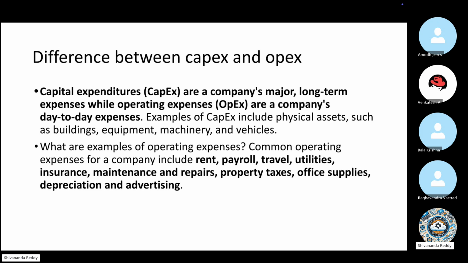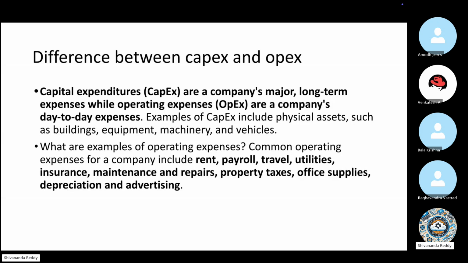Next, what is the use case of this? Capital expenditures are a company's major long-term expenses, while operating expenses are a company's day-to-day expenses. Examples of CapEx include physical assets such as constructing buildings, purchasing equipment, machinery, and vehicles.